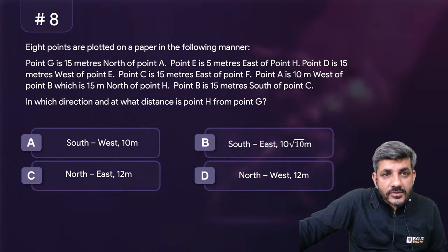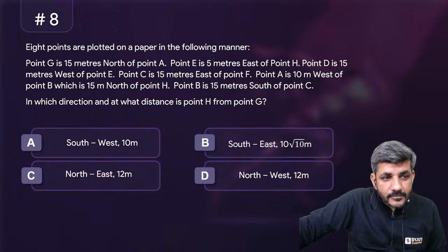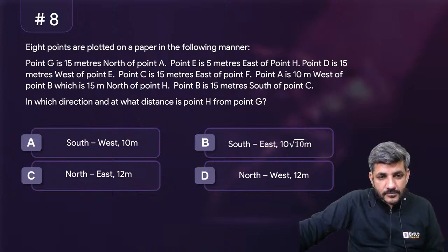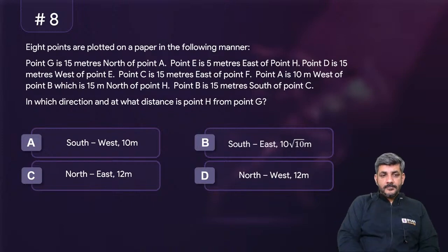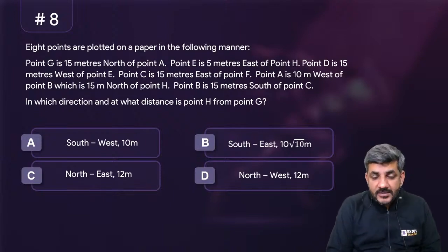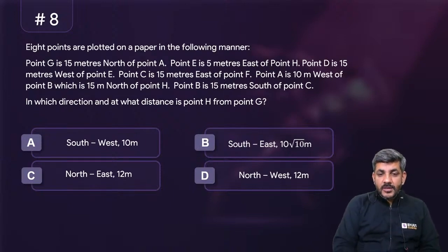What is your answer for this question now? Who are the first few people to answer this question? Let's see. Som Patil is the first one to answer. Very good, Som Patil.